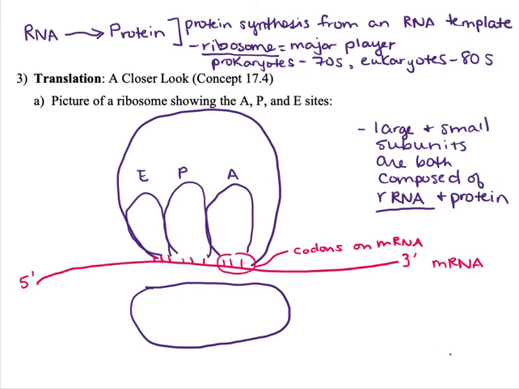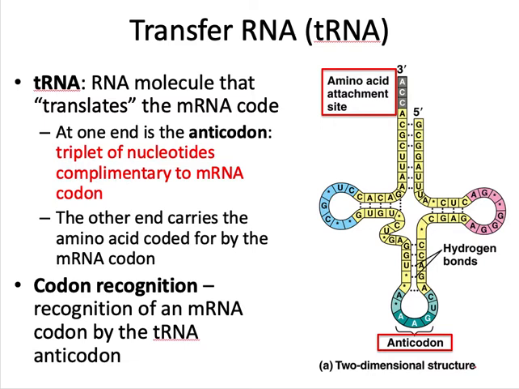The tRNA is the one RNA we haven't fully discussed yet. We did a little bit of an overview of tRNA in lab. Here's the slide on transfer RNA in your PowerPoint. Transfer RNA is what I call the translator molecule. You have a three-letter anticodon that recognizes the messenger RNA codon.